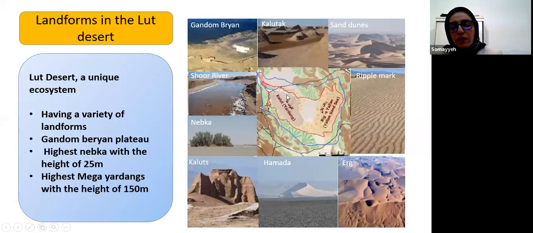Another uniqueness of Lut Desert is that it has a variety of landforms that makes it distinctive from other deserts of the world. In other deserts of the world, you may find one or two landforms, but I will give a brief introduction to each form. There is a plateau called Gandombarian.